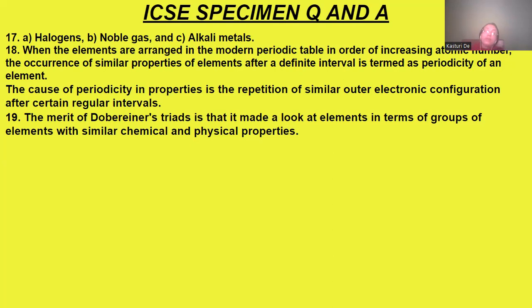Okay. Now, the last question is, what is the merit of Dobereiner's triads? It made a look at the elements in terms of groups of elements with similar chemical and physical properties.